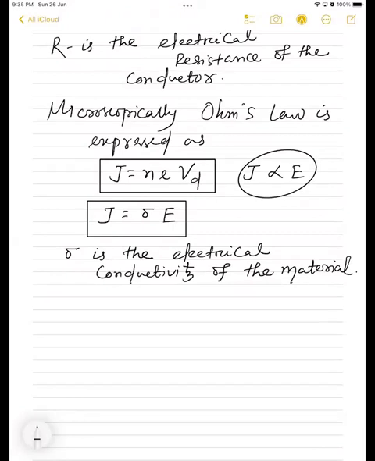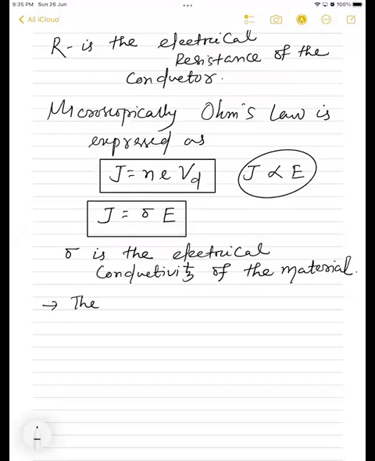You are acquainted with J, you are acquainted with E, and sigma, right? And students, sigma is the electrical conductivity of the material. And the conductors which obey Ohm's law are called ohmic conductors, right? Example, all metals.